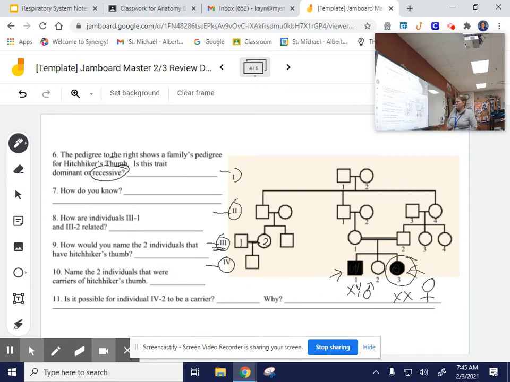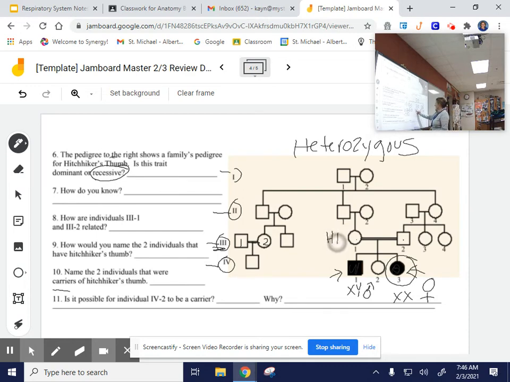Name the 2 individuals that were carriers. Carriers means that they are heterozygous. And so we're looking at these 2 individuals because if this son were to get an allele, so let's give this hitchhiker's thumb letters.